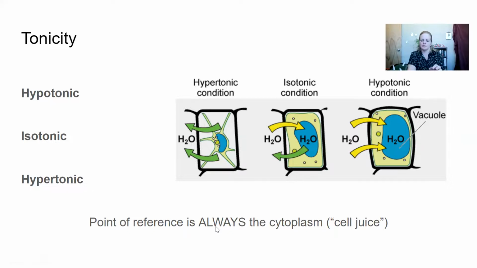The point of reference here is always the cytoplasm. So we're going to be cell-centric when we talk about hypo, isotonic, and hypertonic. Okay, so let's explain what these words are. So hypo means below. So let me go grab my little whiteboard here.